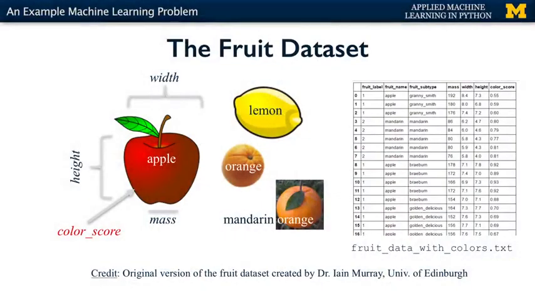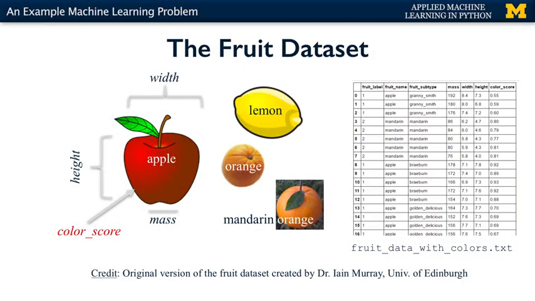So he sat down and looked at the height and the width, estimated their mass, and so forth. We've reformatted his original data slightly and added one or two extra simulated features, such as a color score, for instructional purposes.